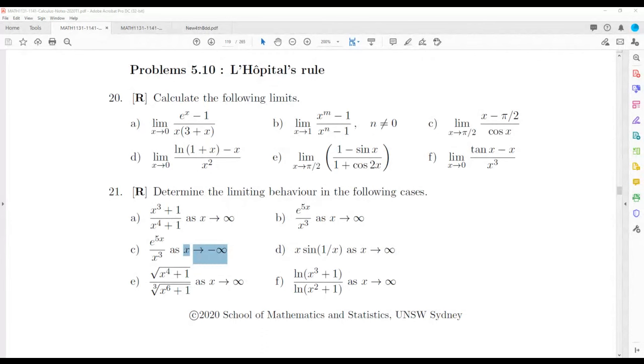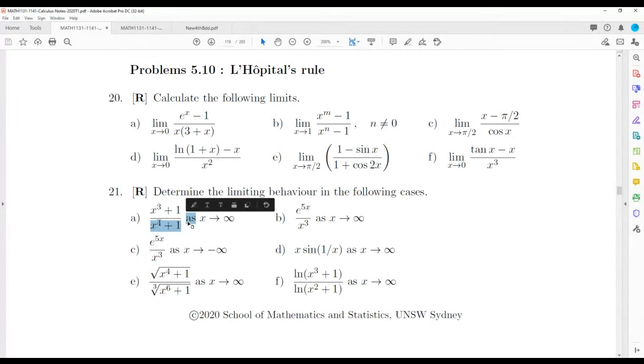Now, it's always interesting with these kinds of problems because look at the first problem. It's like there's a battle going on between the top function and the bottom function. Who wins?